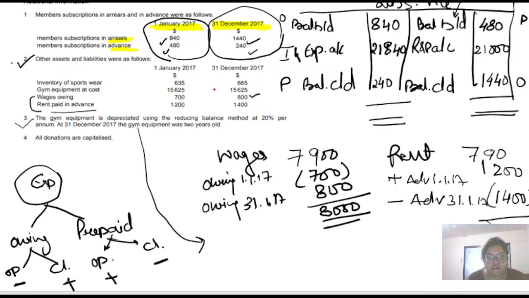The opening value of the gym equipment we have 15,625, and the clothing also we are having, okay. So we have to write down the cost of equipment, which is 15,625. Then we have to deduct the depreciation, okay, because this machine runs from the 2017, okay, and 2 years.